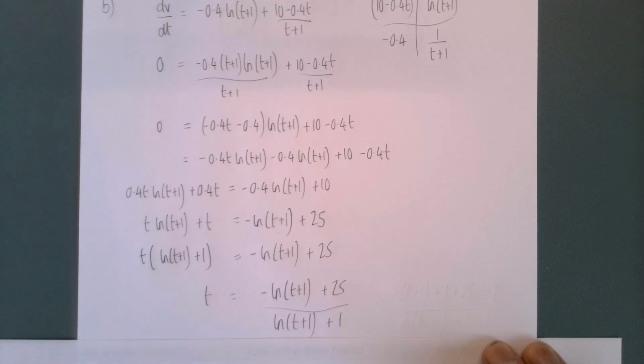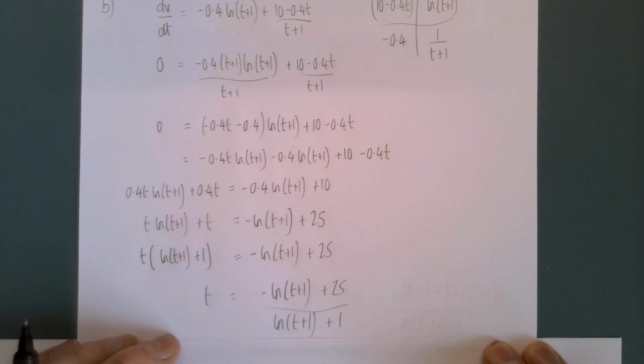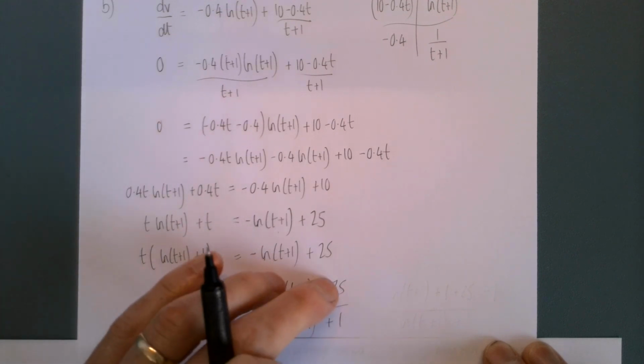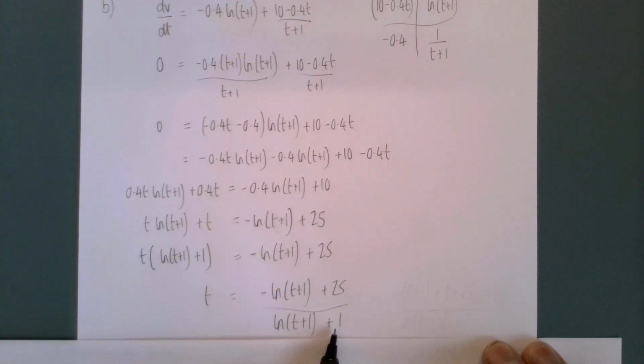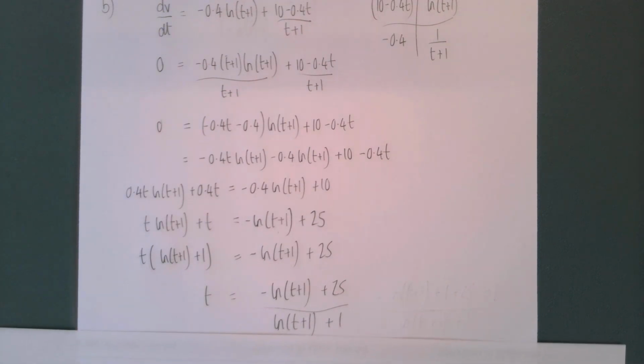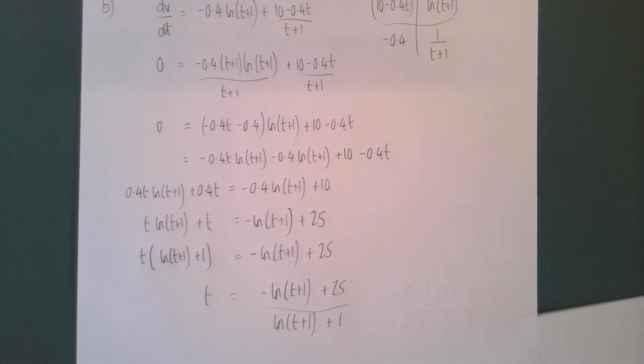Now, that is an expression for the time, but it doesn't look like the thing that we are asked to show. It's a 25 and not a 26. We've got the denominator right, but we haven't got a plus 1 there. This next bit is a trick.